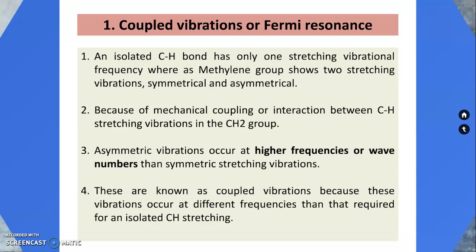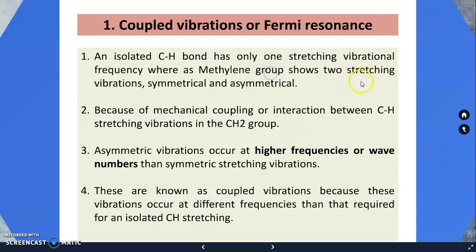So what is it? An isolated CH bond has only one stretching vibrational frequency, whereas the methylene group shows two stretching vibrations, symmetrical and asymmetrical, because of the mechanical coupling or interaction between the CH stretching vibrations in the CH2 group.